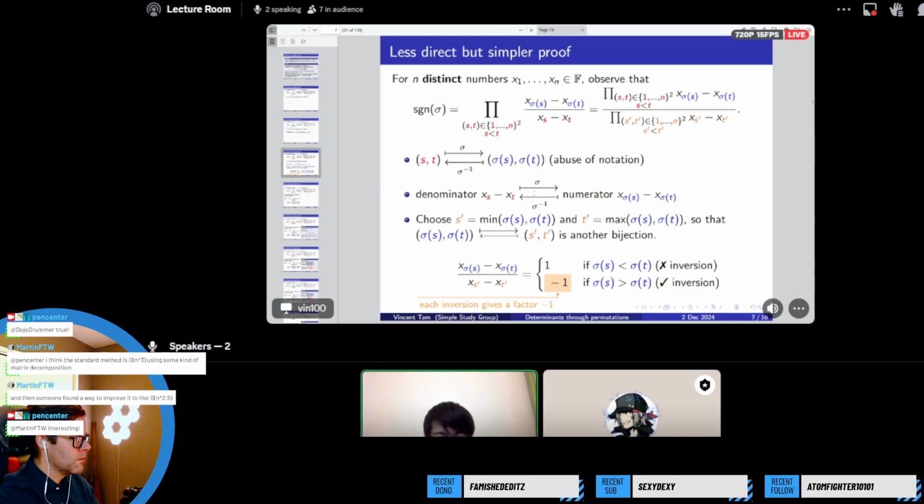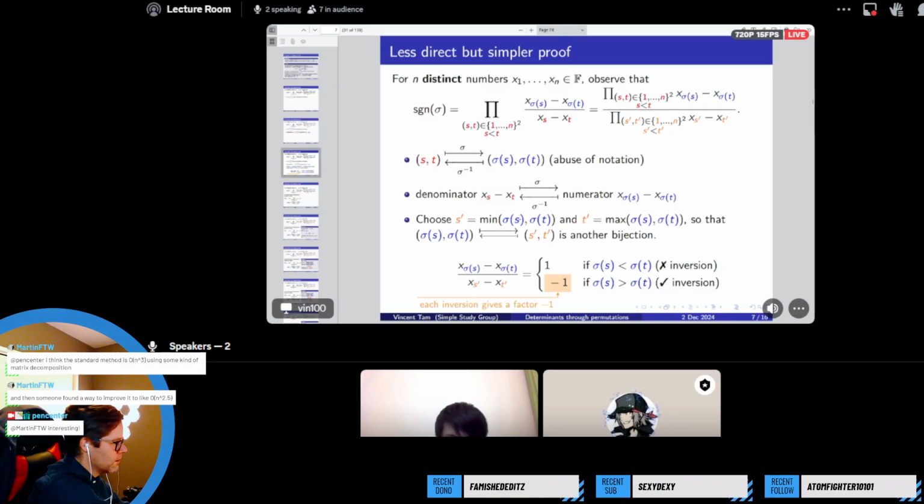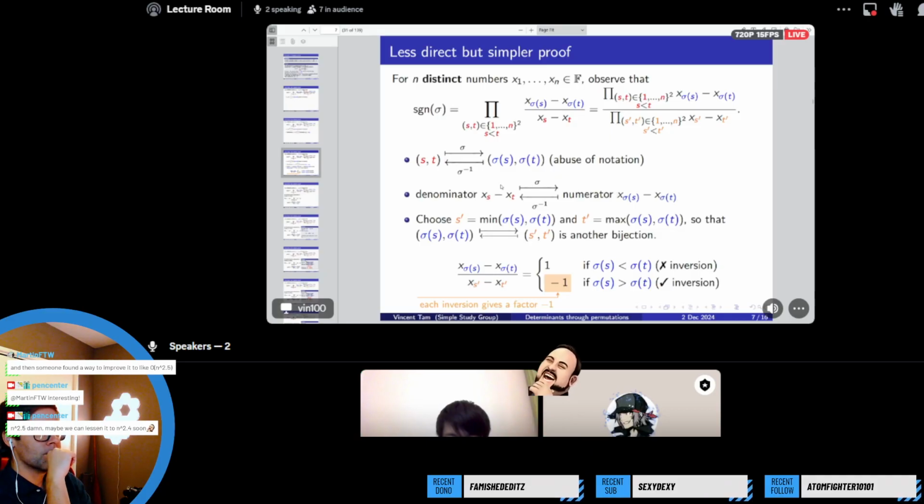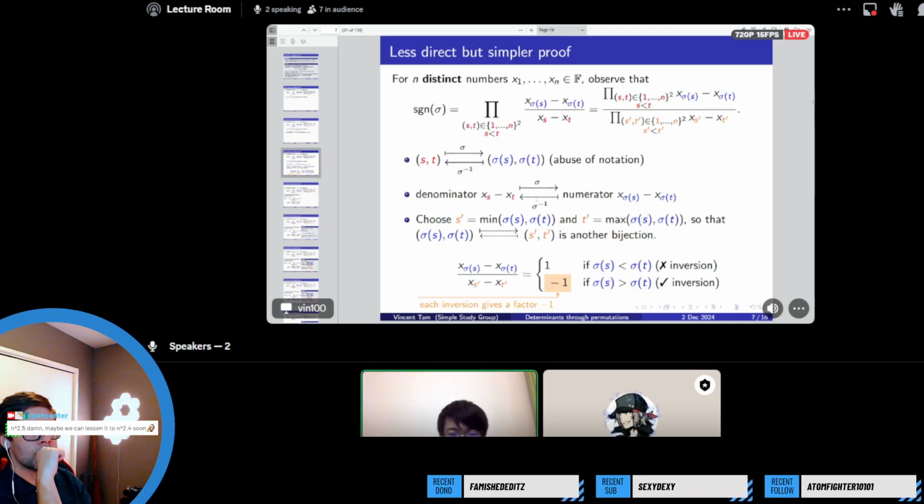The trick here is that we have one way of establishing a one-to-one correspondence between the set of denominators here and numerators on top.